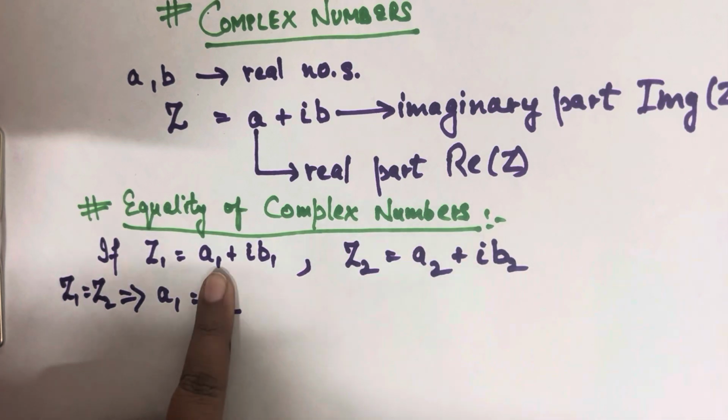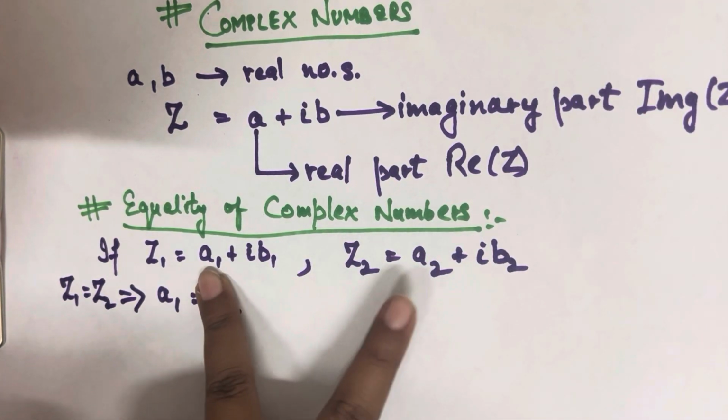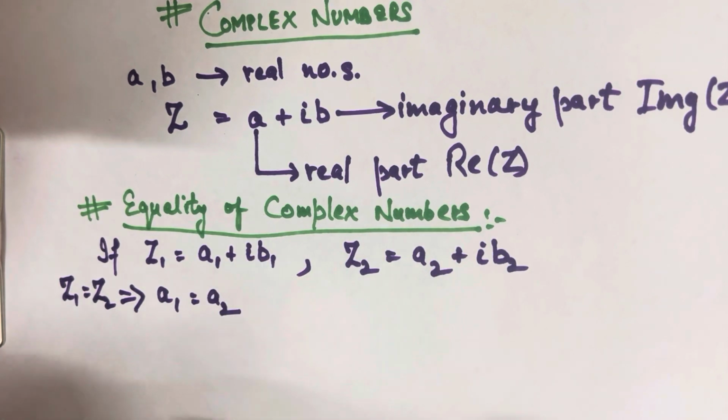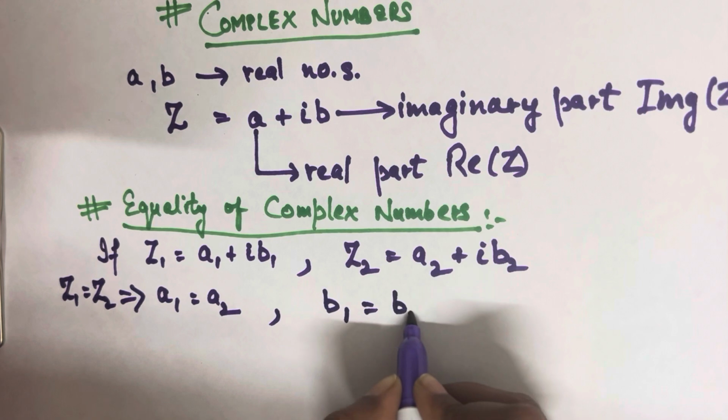The real part of z1 will be equal to the real part of z2, that is a1 equals a2. Similarly for the imaginary part, b1 will be equal to b2.